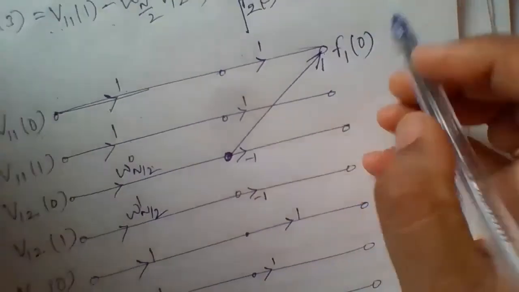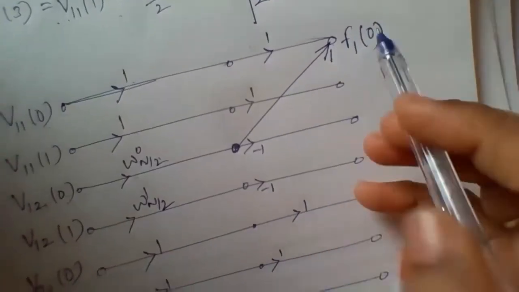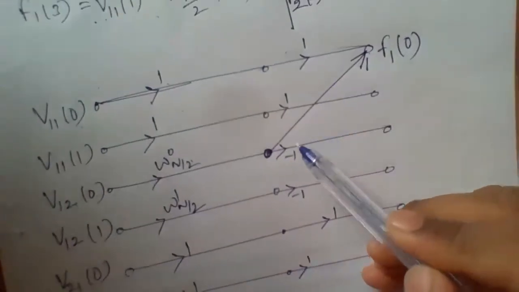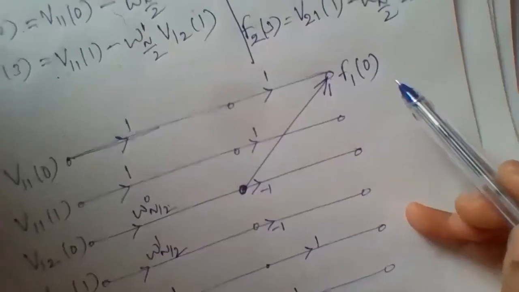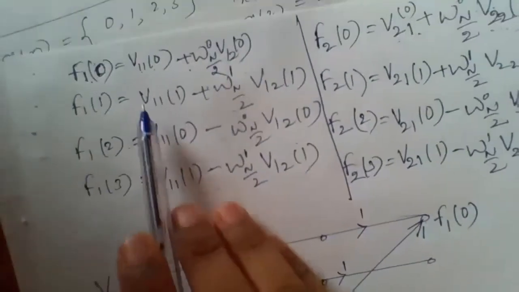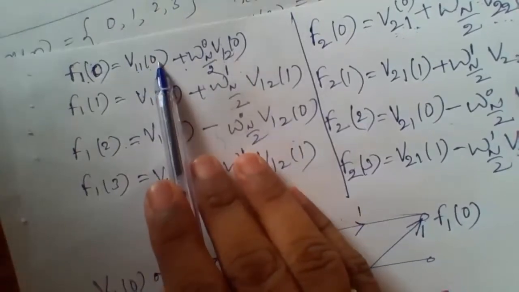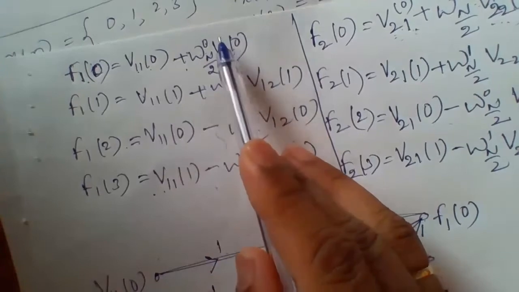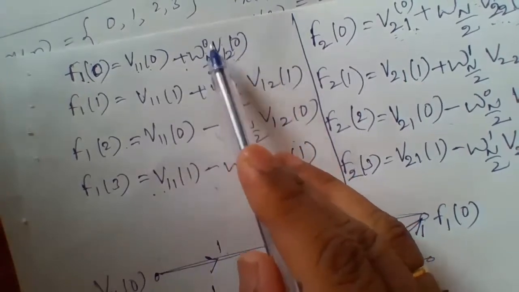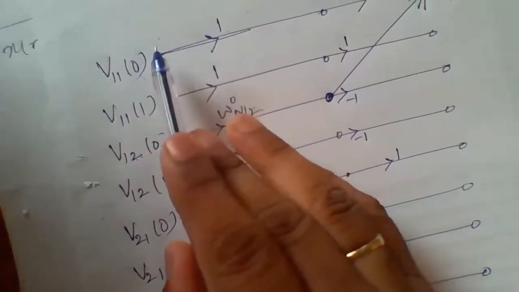Okay, so now you can just observe. See, I have just connected only one signal, that is f1 of 0. Compare that with the first, you just look at the equation. It is a sum of v11 of 0 and the product between v12 of 0 and w raised to 0. Okay, v11 of 0 is already here, first signal.